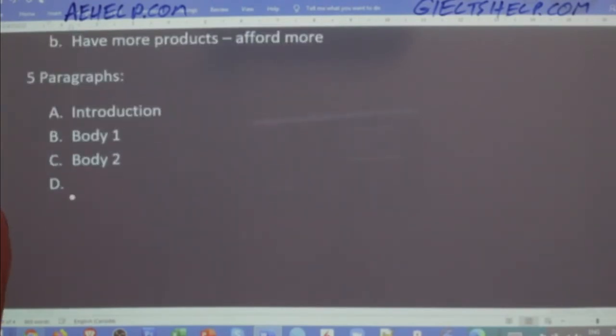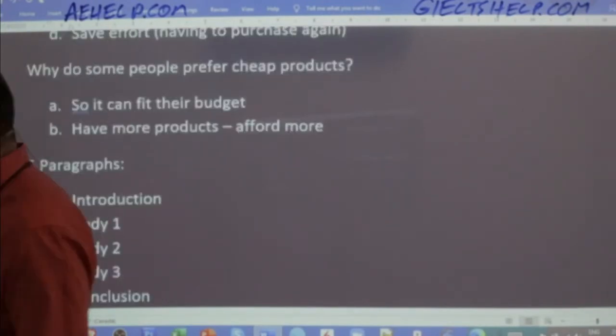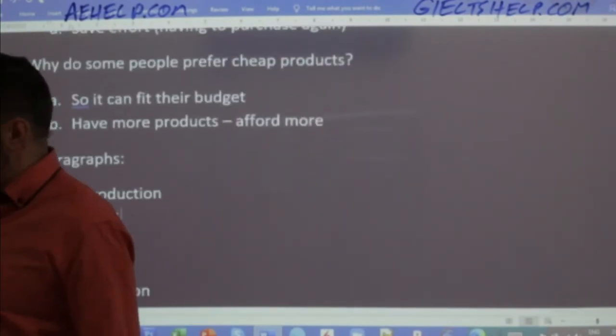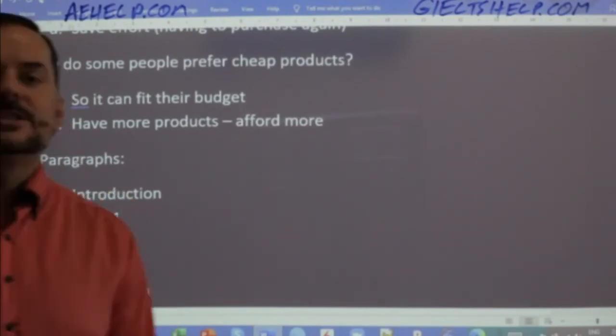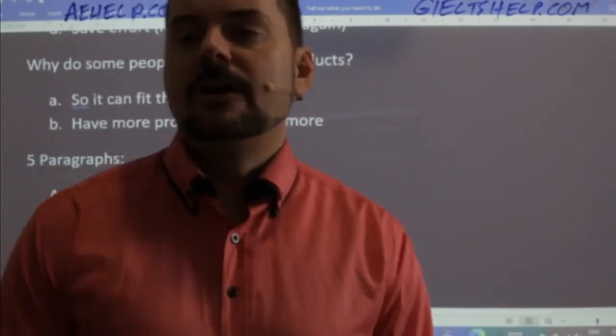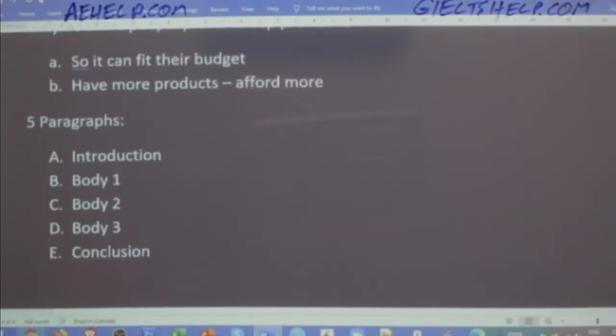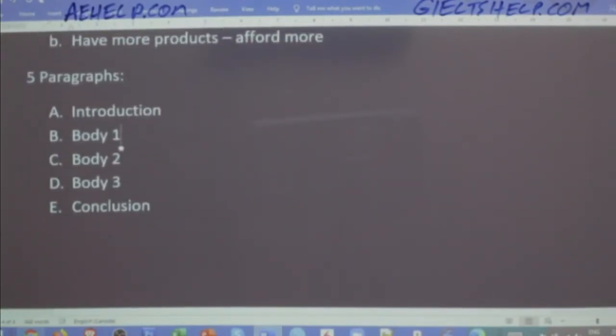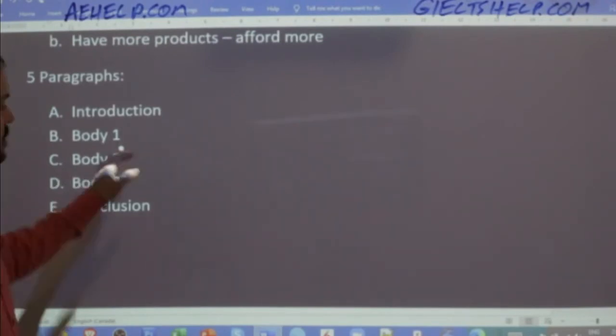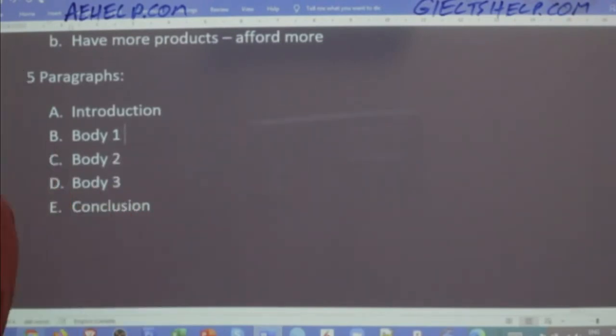Paragraph 4 will be body 3. And paragraph 5 will be conclusion. Okay. Now, based on what we have discussed, what do you think is the right structure of this essay? So we're going to write short body paragraphs, just 3 sentences each. Okay, that's going to be our goal. So body paragraphs will be just 3 sentences each.